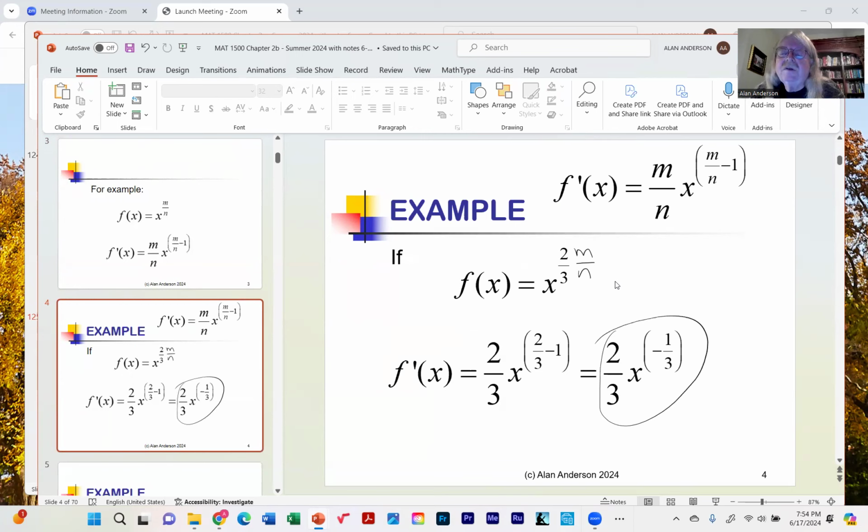So we're relieved to see that the power rule actually applies to cases where the exponent of x is not an integer. Now, of course, it won't work if we have something else like a sine or something. As long as it's a ratio of two integers, we can still use the power rule.